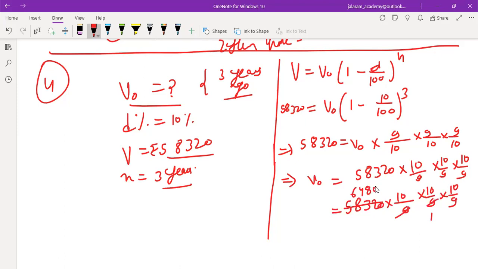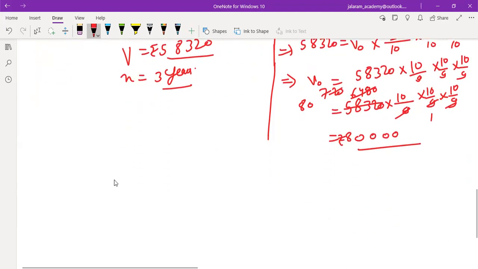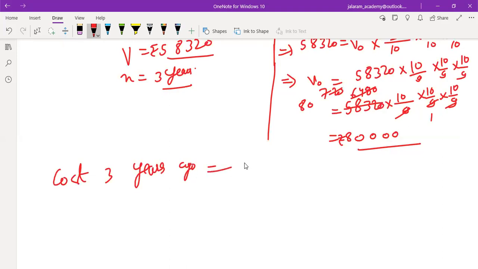It is again divisible by 9. 720, again divisible by 9, so 80, and the decimal after 3 digits, so three zeros will be there. So the initial cost of the machine will be rupees 80,000. That means the cost 3 years ago will be rupees 80,000. Very easy.